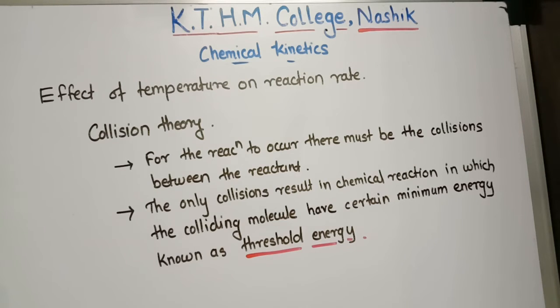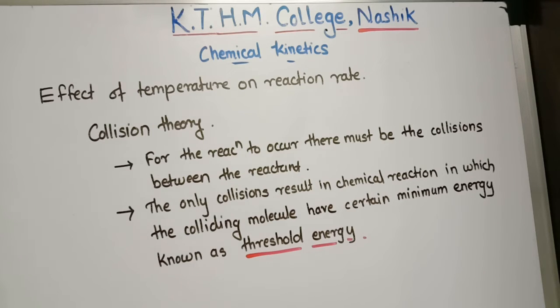As the temperature changes, energy distribution changes. As the energy of molecules increases, consequently the rate of reaction, which depends upon the number of effective collisions, increases, and due to that it results in formation of product. That means as we increase the temperature, the colliding molecules gain some energy, and due to that energy the collisions between them result in the formation of product.